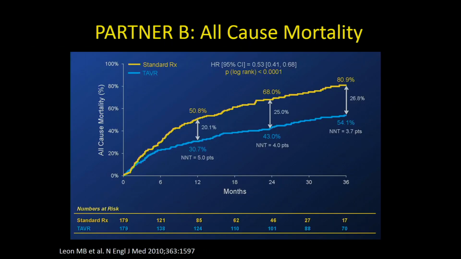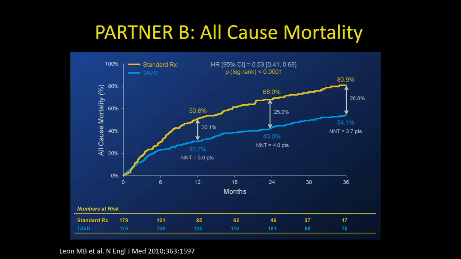So let's talk very briefly about some of the data, just so you're aware of this. It's not meant to be all-encompassing, but when the randomized studies were first performed in the late 2000s, the first study that we got data on is called the PARTNER trial. This one was using the balloon expandable stent system.